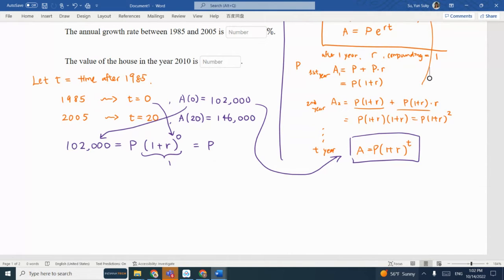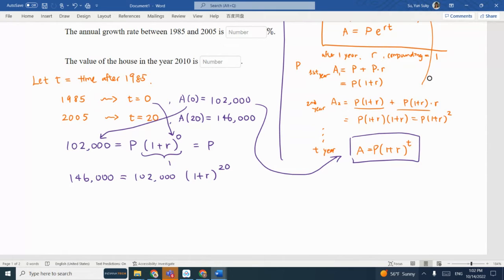Alright, continue. Plug these numbers into this formula. A of 20 is 146,000 equals P, which is 102,000, times 1 plus R to the t, and t is 20.